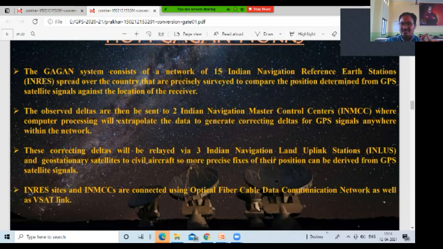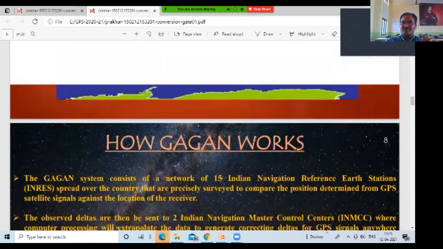And these corrections will be relayed via 3 Indian Land Uplink Stations, again, 3 uplink stations, and geostationary satellites to civil aircraft, so more precise fixes of their position can be derived from GPS satellite signals. INRES sites and INMCCs are connected using an optical fiber cable data communication network as well as VSAT link.